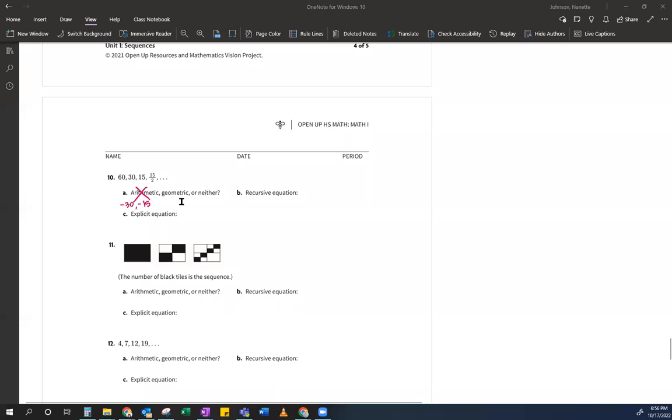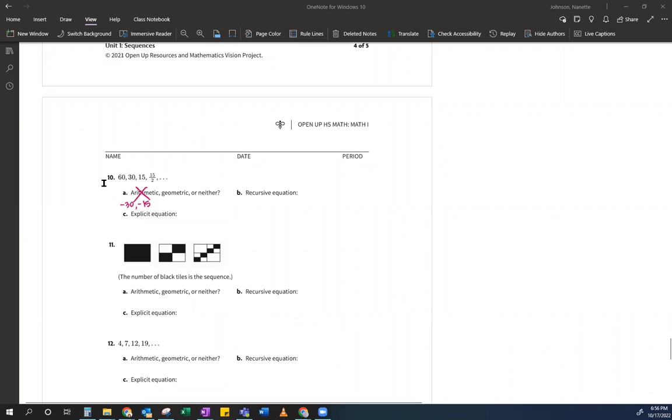Then for geometric, what I need to do is divide and see if it's the same number. As I do that, I notice that 30 divided by 60, and I always go right divided by left, or bottom divided by top.